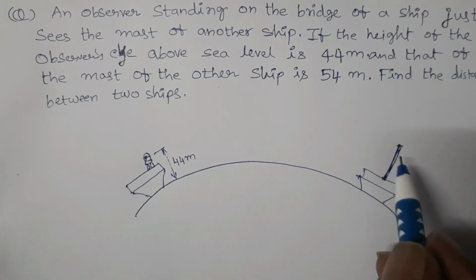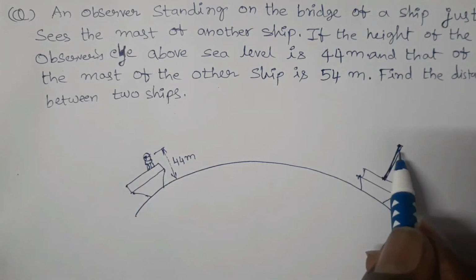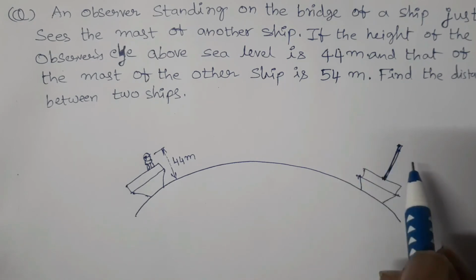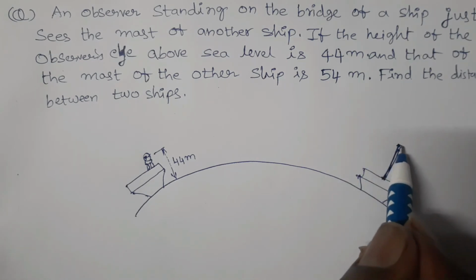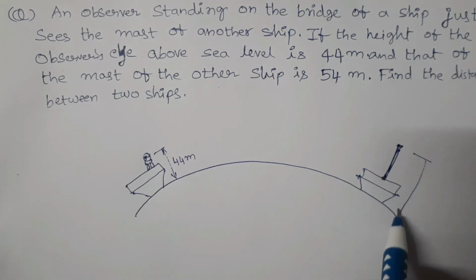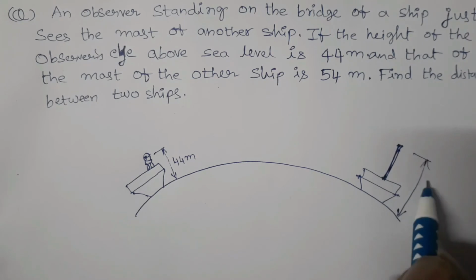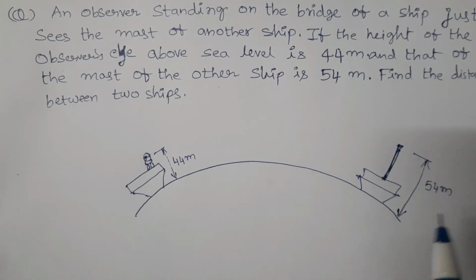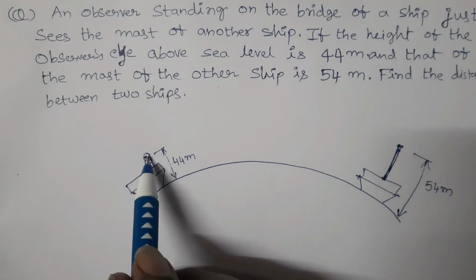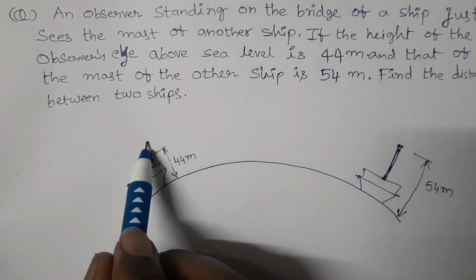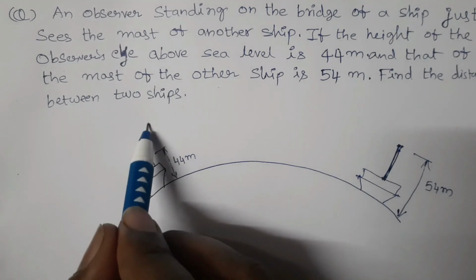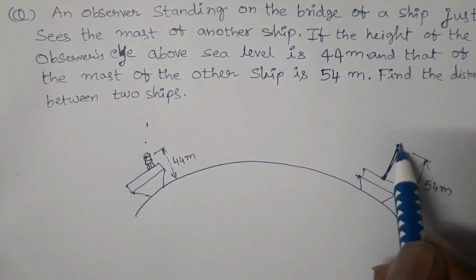Mast is like a pole. So he observed that, and the height of this mast is 54 meters. We have to find the distance between here to here.